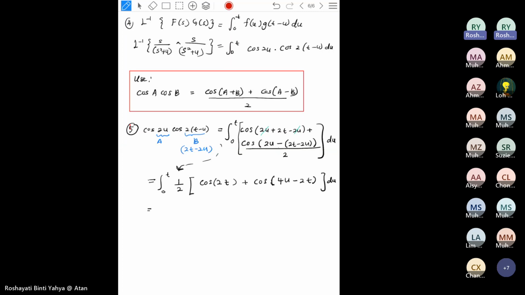Okay, now we start to integrate. So 1 over 2. This integration is on du. So for this part, become integration cos 2t du, cos 2t u.